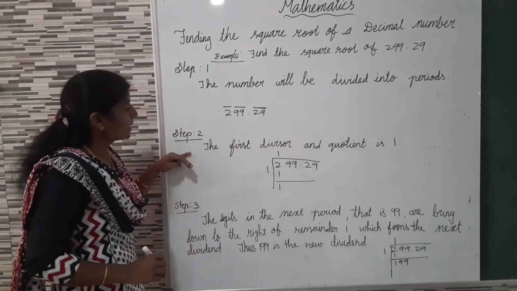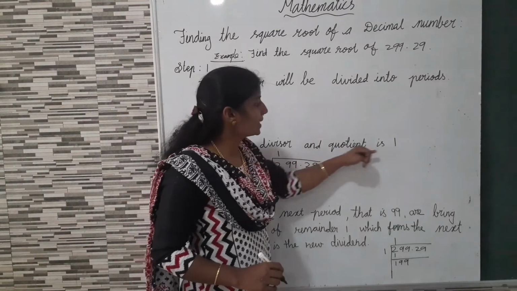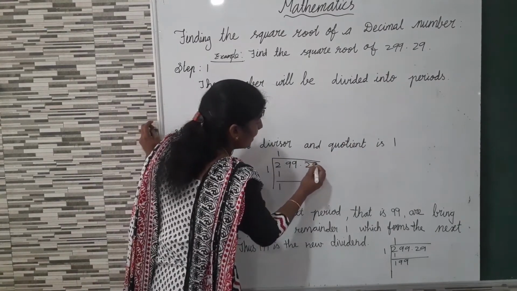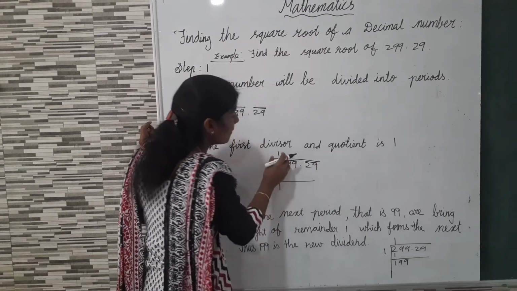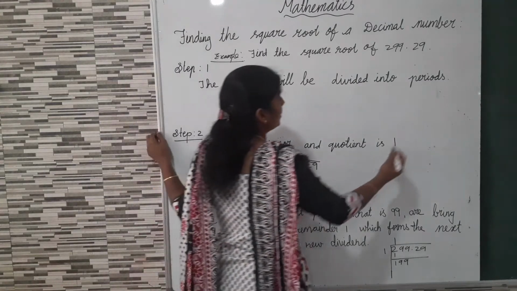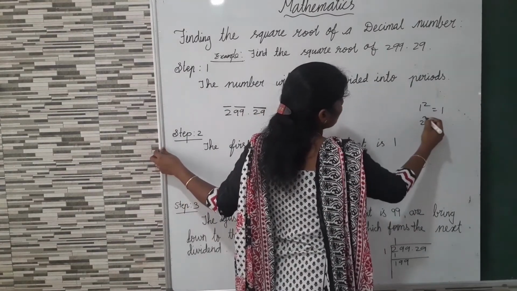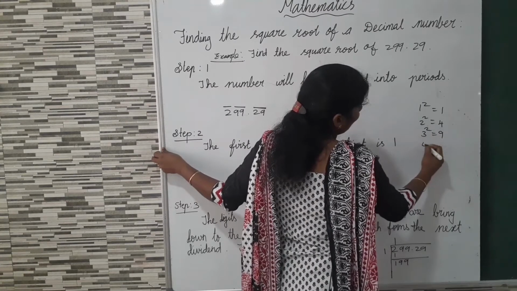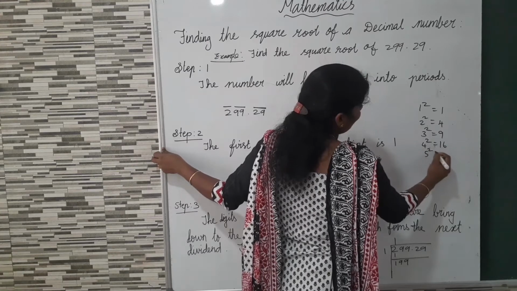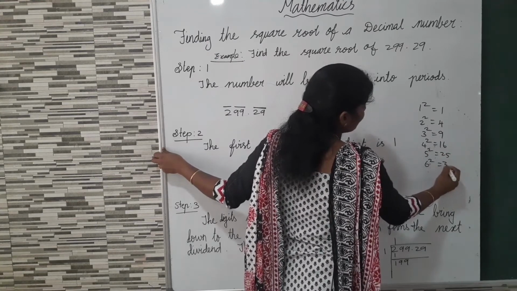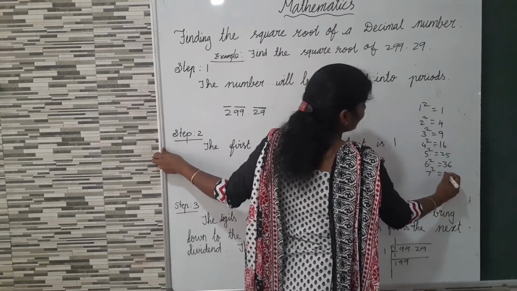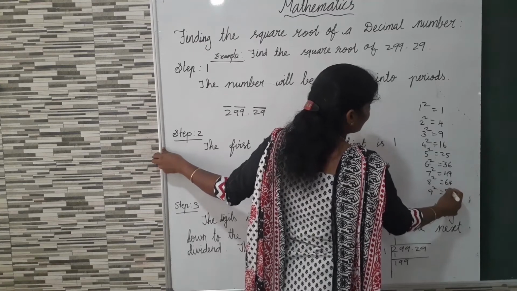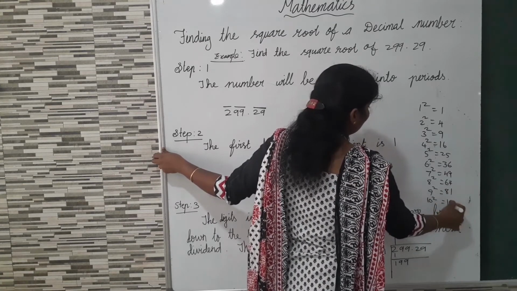Now, second step: the first divisor and quotient is 1. How? Already we know 1 square is 1, 2 square is 4, 3 square is 9, 4 square is 16, 5 square 25, 6 square 36, 7 square 49, 8 square 64, 9 square 81, 10 square 100.